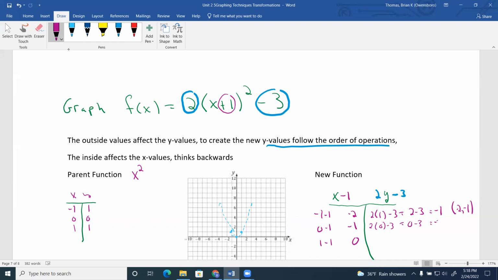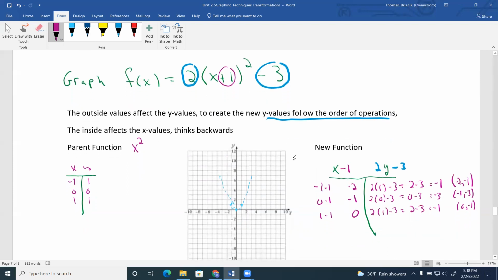That's going to equal then a -3. So -1, -3 would be another ordered pair. And then the last one was 1. So again, it's 2 times 1 minus 3. That's 2 minus 3, which equals -1. So 0, -1 would be another point.